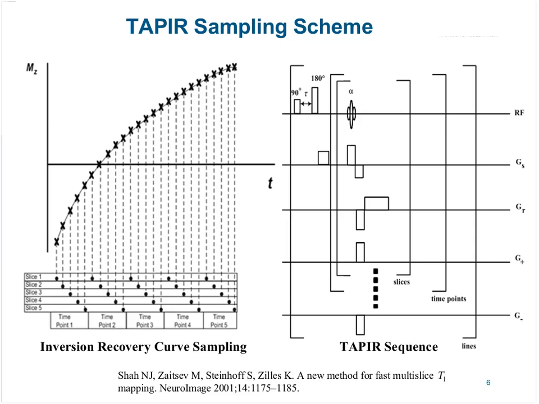And after that, for the next line, the whole module is repeated again, and this module contains the 90-degree and 180-degree pulse also. This loop ensures the acquisition of multiple time points. Following acquisition of the required number of time points and slices, the 90-degree and 180-degree pulse combination is applied again, and the next line is acquired in an identical manner as I explained before.